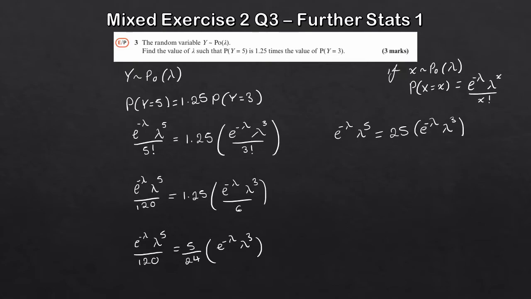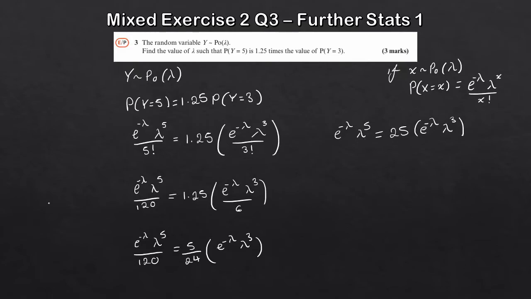Now, what we're looking for is the value of lambda. So what we're hoping for here is that we can cancel this down to be lambda equals at some point. Looking at both sides here, we've got an e to the minus lambda on the left-hand side and an e to the minus lambda on the right-hand side. And I've got lambda to the 5 on the left-hand side, lambda cubed on the right-hand side. So I'm going to look to cancel now.